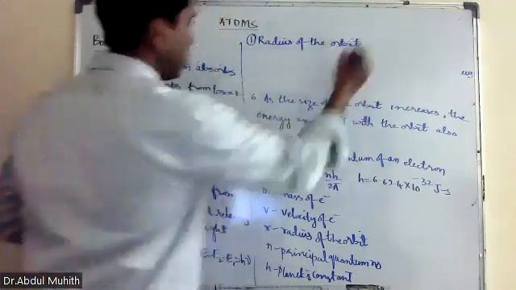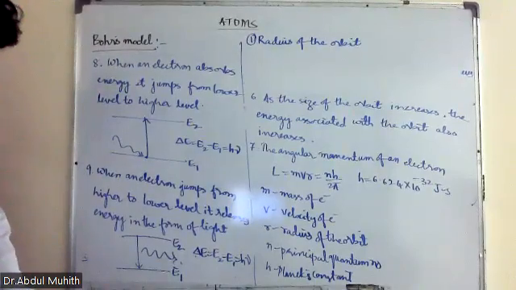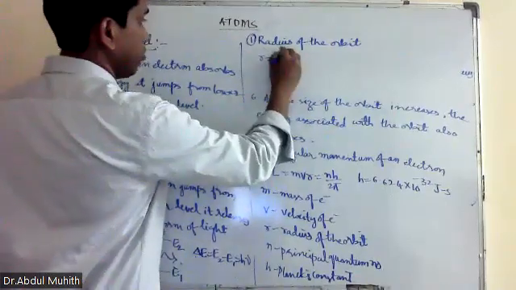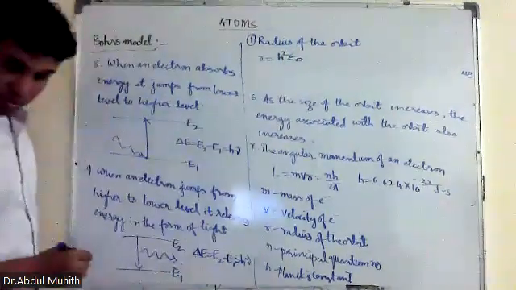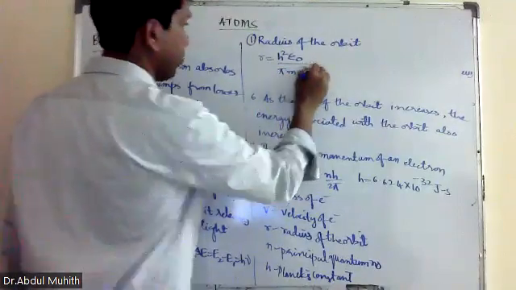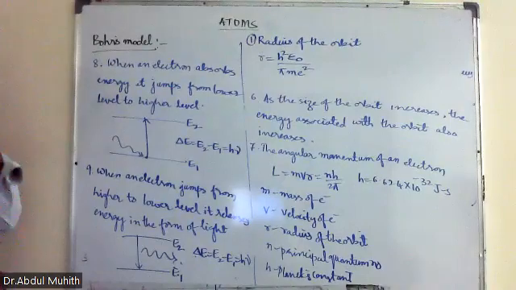The formula for the radius of the orbit is r equal to h square epsilon 0 divided by pi m e square. That is the radius formula.